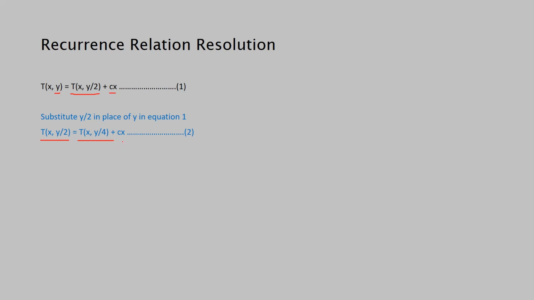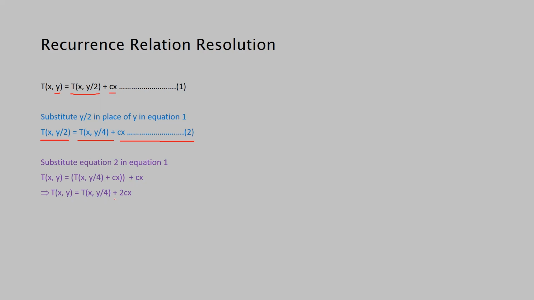So this can be our second equation. What we can do here is plug in the value that we have found for T of x, y by 2 into equation number 1. So this will become T of x, y equals T of x, y by 4 plus cx.